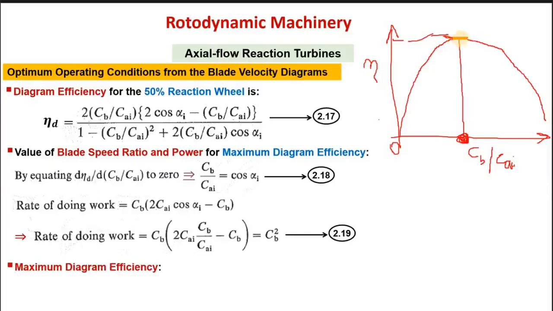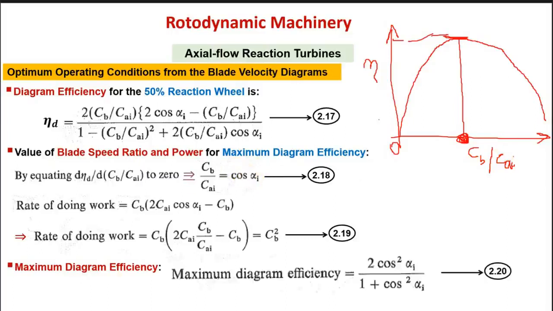Similarly, now we can find out what is this maximum possible diagram efficiency corresponding to this point when CB over CAI is equal to cos alpha I. So the maximum diagram efficiency in this equation 2.17, you will replace CB over CAI with cos alpha I corresponding to this optimum condition, and after simplification, this is the final form of maximum possible diagram efficiency in case of reaction turbine or 50% reaction turbine.